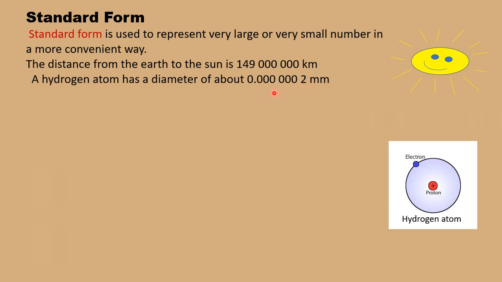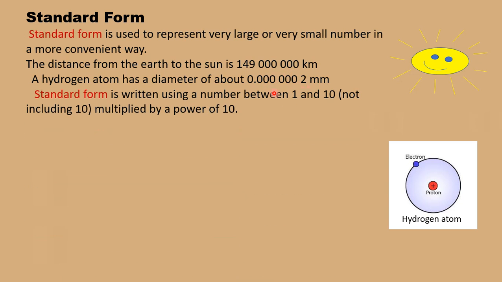It is to represent very large or very small numbers in a more convenient way. The standard form is written using a number between 1 and 10, not including 10, multiplied by a power of 10.